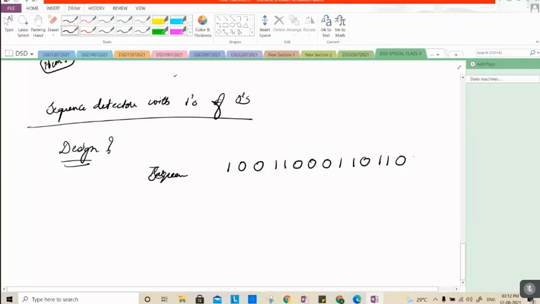This is 1 1 0 1 1 0 0 1 1, and I want you to detect the presence of 1 1 0 1 1. How will you do that? How do you design a circuit for that? This is my target, and my source is this.